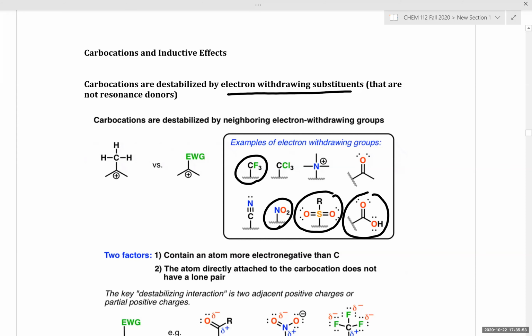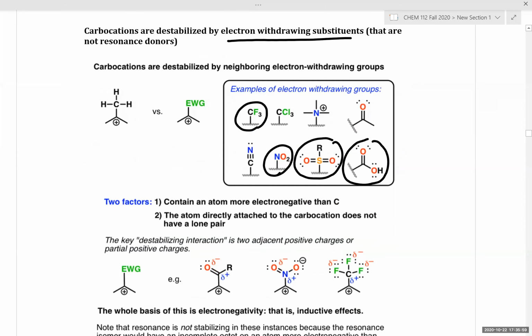Okay, there are two main factors that allow you to identify an electron withdrawing group. They generally have an atom that is more electronegative than carbon.